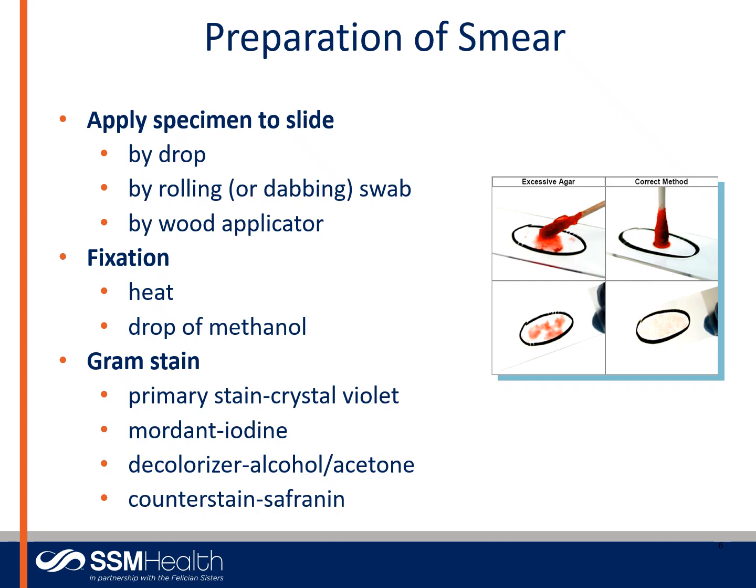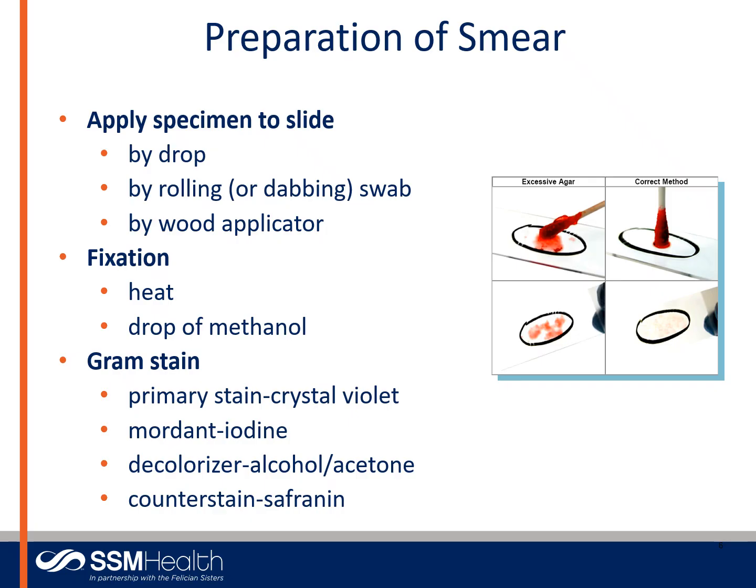But the most important thing is to make sure that you have a very thin and clearly defined specimen on the slide. If it is too thick, number one, much of the specimen can wash off in the process of staining, and that could lead you to think that you don't have any bacteria present, when really the specimen has been washed off.